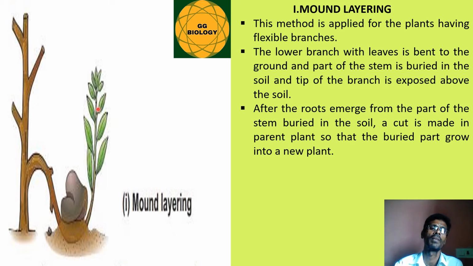So the tip of the plant will just grow above the soil level. After roots emerge from the part of the stem buried in the soil, after some time some roots will generate from this particular region. A cut is made in the parent plant, so later a cut is made in this region so that the buried part grows into a new plant. Such a type is called mound layering.